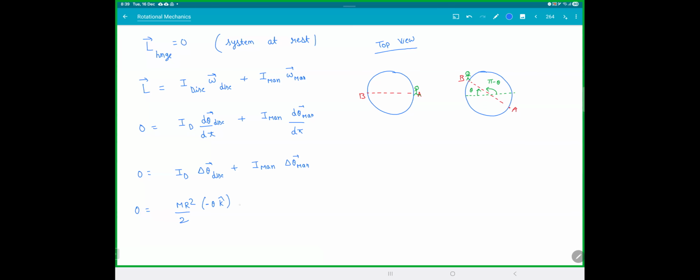The man's moment of inertia is mR squared. He's like a point particle, and he is rotating pi minus theta k cap. So from here we get theta is equal to mR squared pi by mR squared plus MR squared by 2. That would be m pi by m plus M by 2. Check.